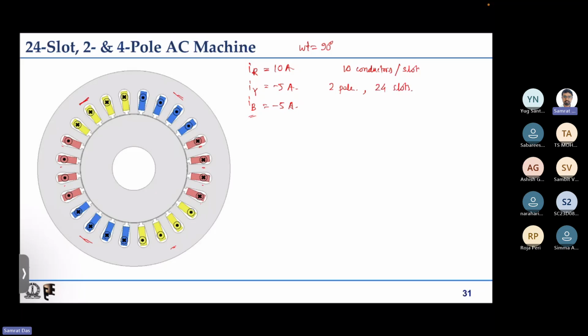So we have to construct some loop which covers the slots per pole, basically 24 by 2, that is 12 slots. That basically means 180 degree.